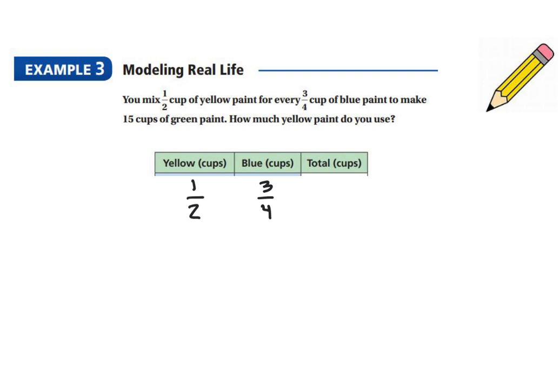So now when you add 1/2 plus 3/4, we'll find the total. We need common denominators, so 1/2 is going to be 2/4 plus 3/4 is 5/4, or 1 1/4.